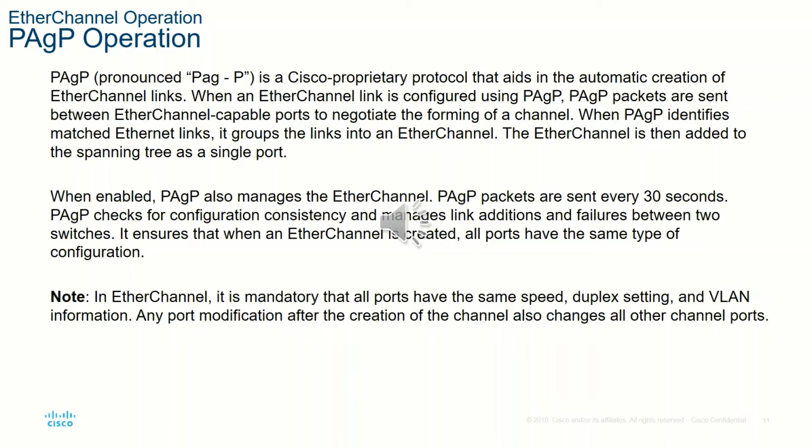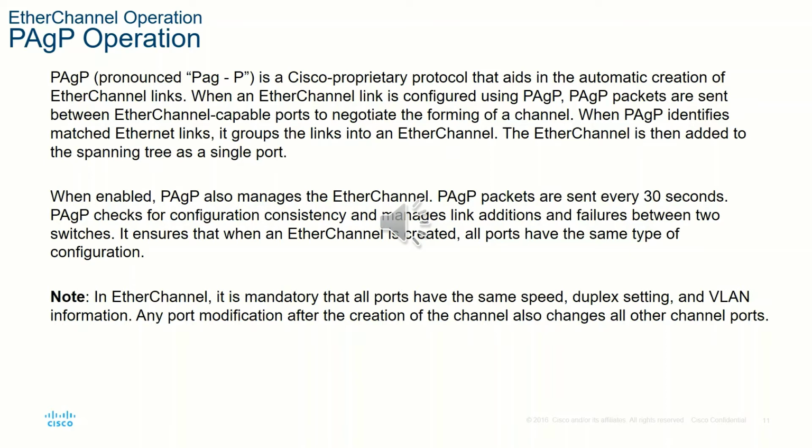Once the EtherChannel is created, it is added to the spanning tree as a single port so that STP will not block the EtherChannel. When PAgP is enabled on the switch, it manages the EtherChannel. The PAgP enabled switches will exchange PAgP packets every 30 seconds to check the configuration consistency and to manage the link additions and failures between two switches.